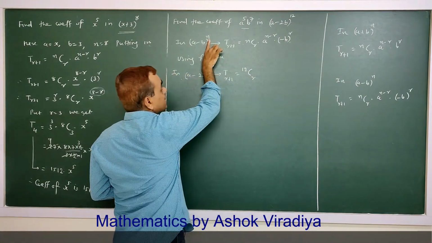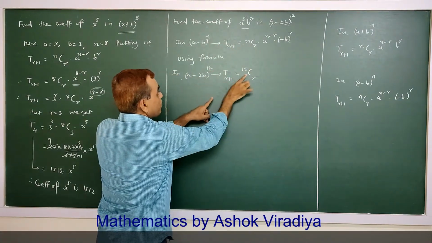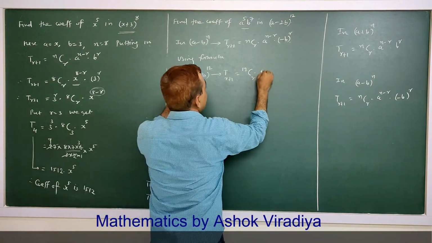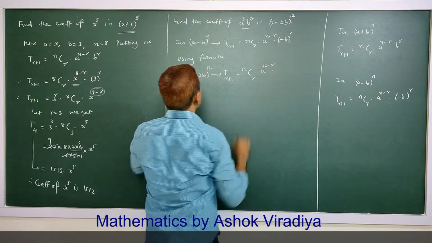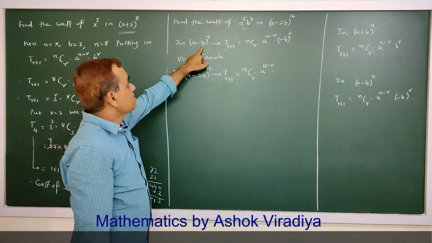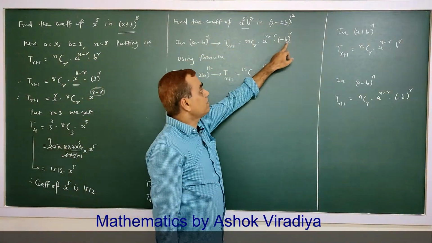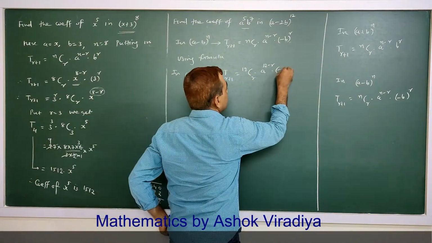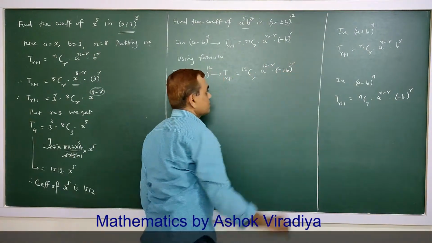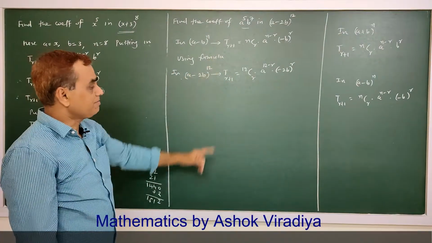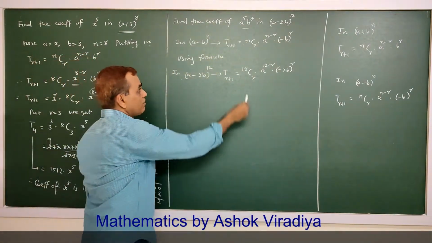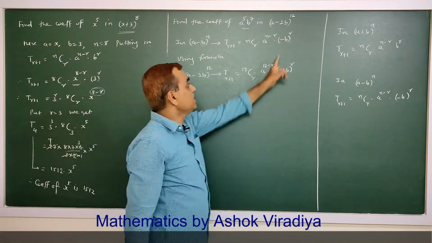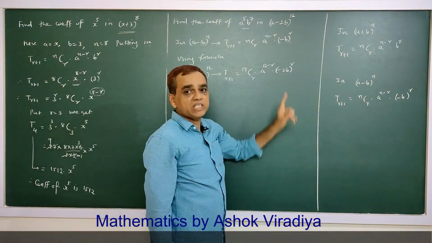See, power is n, nCr, power is 12, 12Cr. a raised to 12 minus r. And here b, this was minus b, so we keep minus 2b raised to r. So this is the application of this formula. In the formula, b is replaced by 2b.